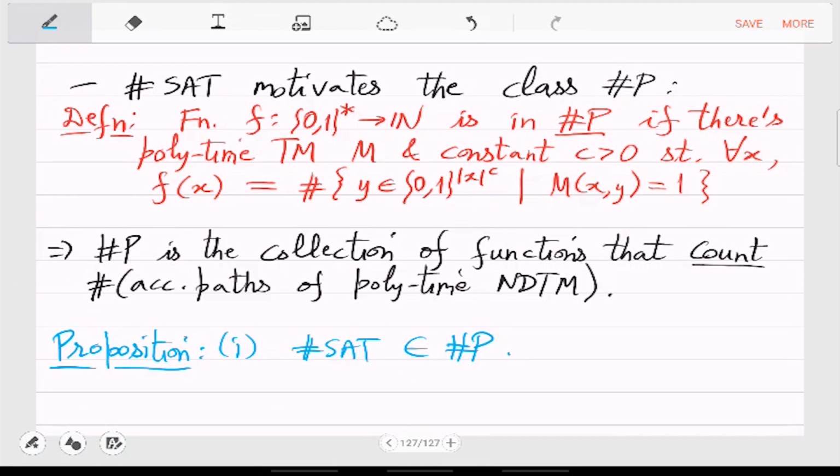So that by definition is in #P. It's a function in #P. And next is even more trivial, functions that can be computed in polynomial time are in #P, right? Because these are deterministic Turing machines, so you don't even need the non-deterministic bits.